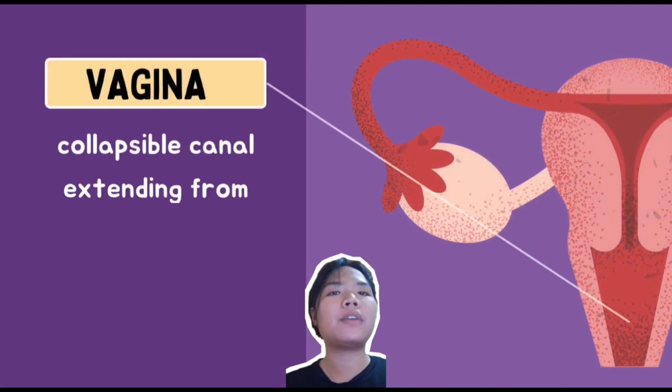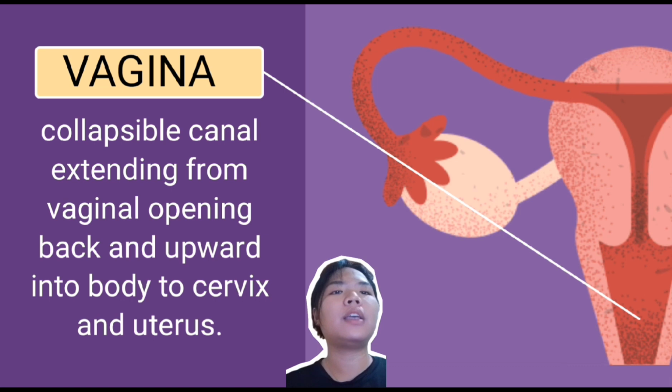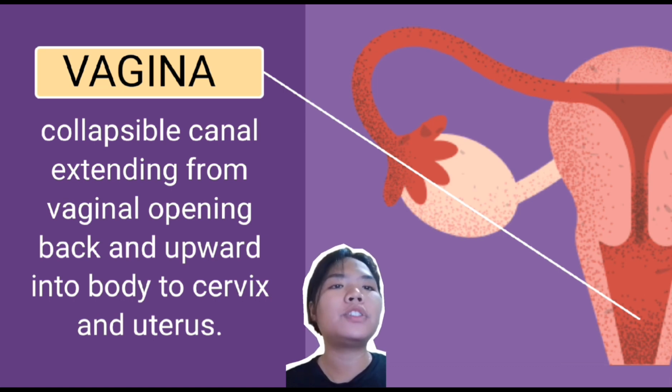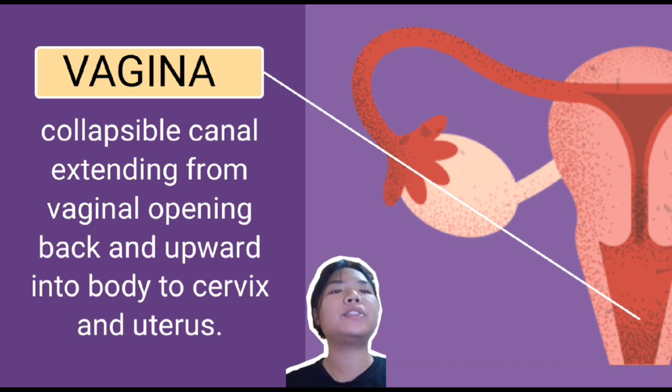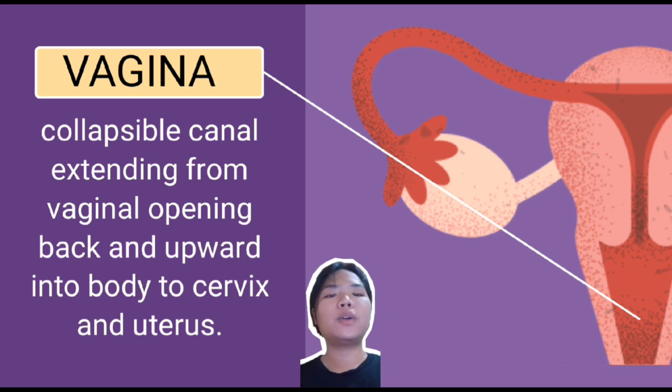First, we have the vagina. The vagina is a collapsible canal extending from the vaginal opening back and upward into the body to the cervix and uterus. The vagina is a birthing canal.